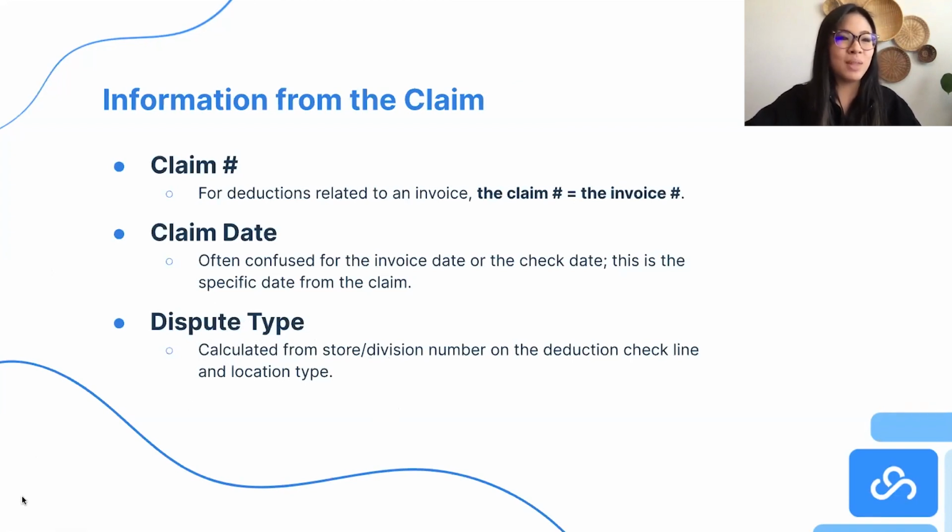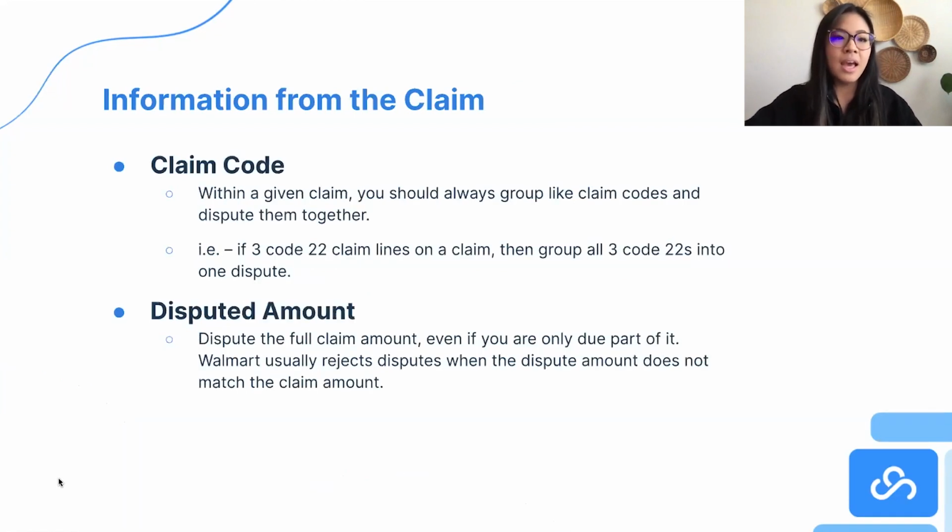Thankfully, they've streamlined quite a bit of it in the APDP process. Another thing is you will also have a claim code, those 22s, 24s, and 25s we talked about earlier. And then you also have the disputed amount.